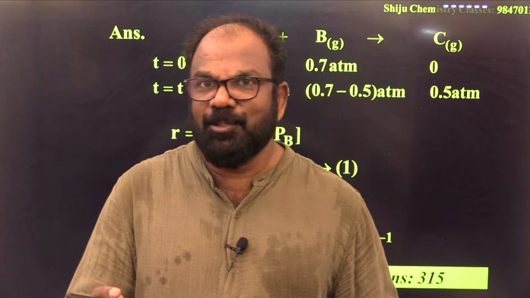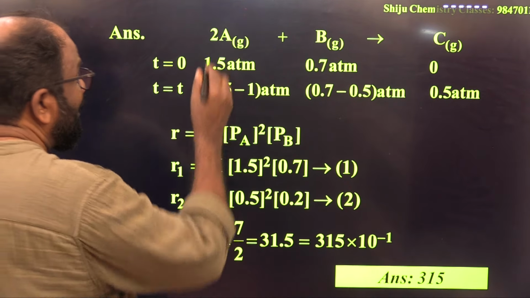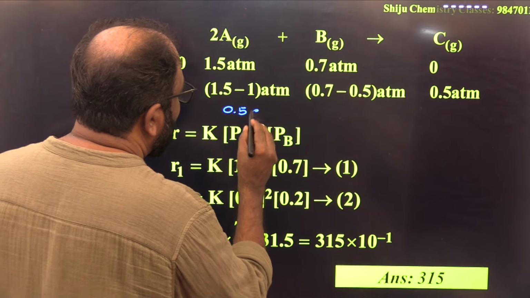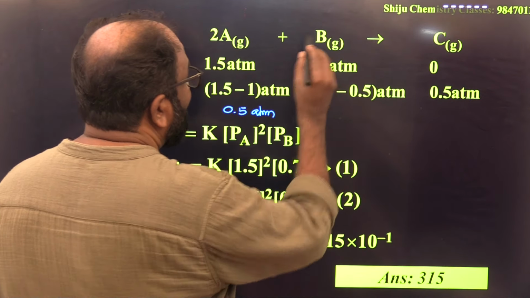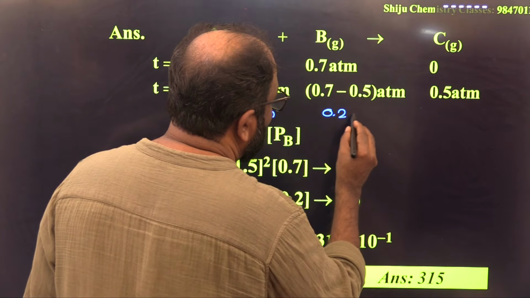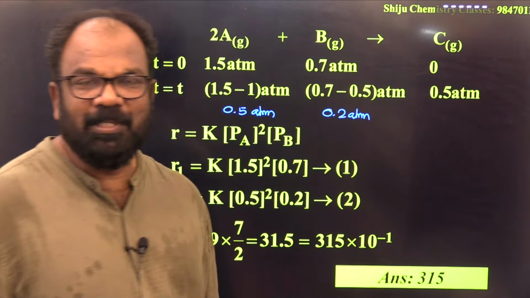That is, the final pressures of the reactants and products will become, for A, 1.5 minus 1, that is 0.5 atmosphere. For B, it is 0.7 minus 0.5, that is 0.2 atmosphere. And C is equal to 0.5 atmosphere.